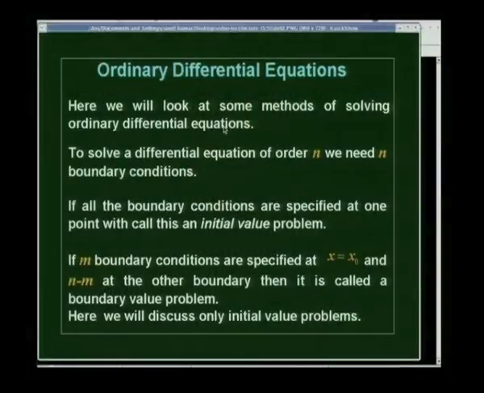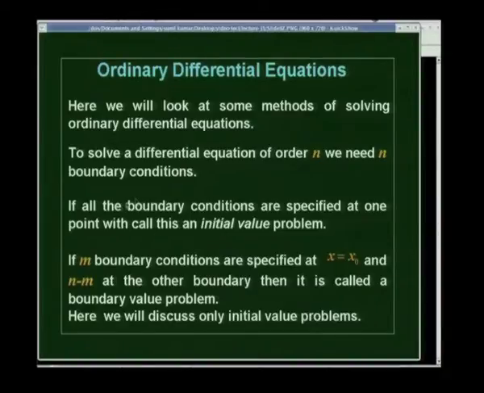Okay. So it is summarized here. To solve a differential equation of order n, we need n boundary conditions. Now, if all the boundary conditions are specified at one point, a starting value, of course it is not necessary that the starting value has to be a higher value of x than the other one.